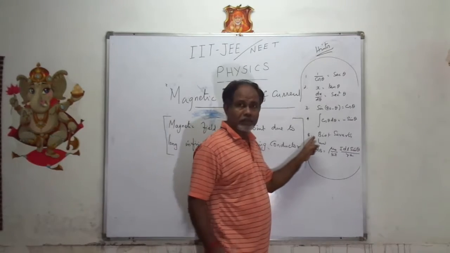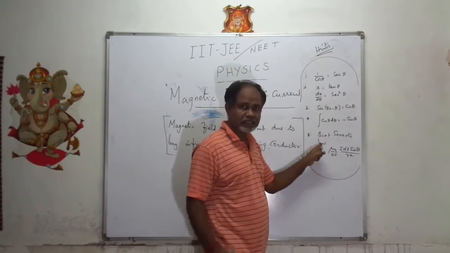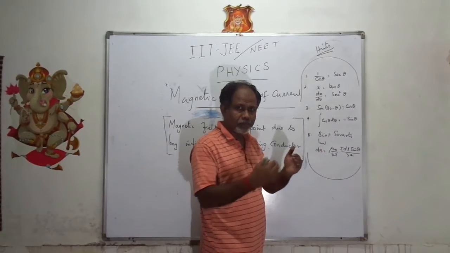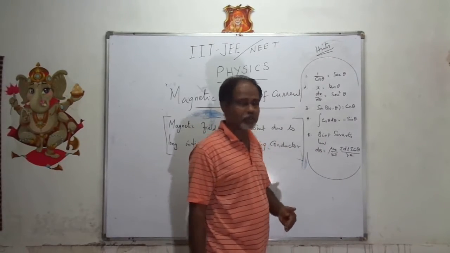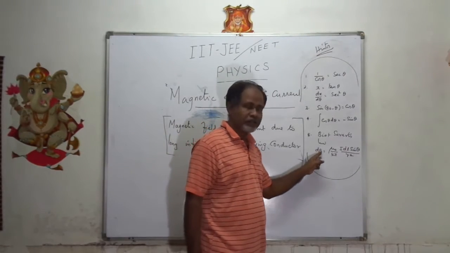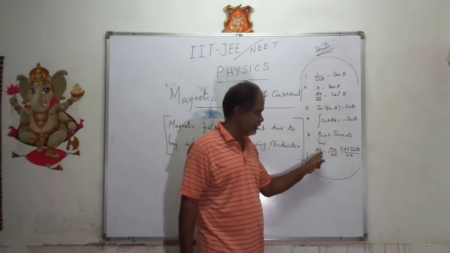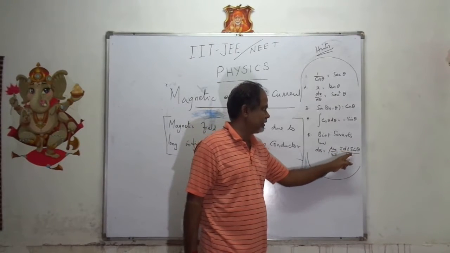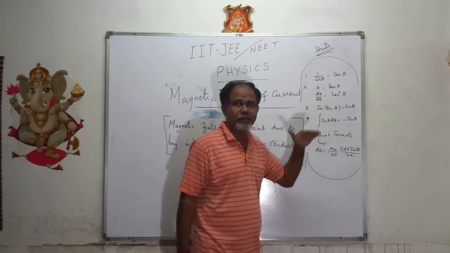Then another one is Biot-Savart's law. It is very important, we borrow the equation to derive this big question. The magnetic field at a point: dB is equal to mu naught by 4 pi, I dl sin theta by r square. This is called Biot-Savart's law.